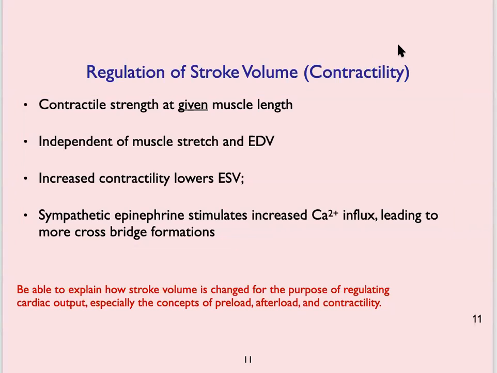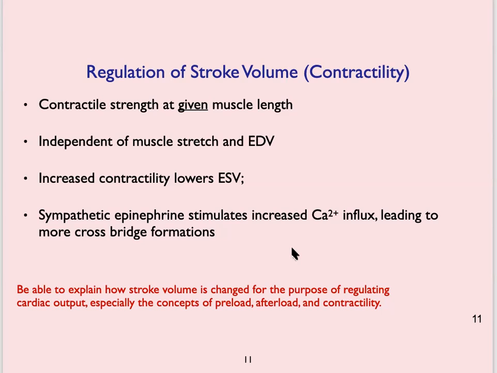When you increase cardiac contractility, that means you're also going to have less blood left within the ventricle, especially at the end of systole. Under sympathetic stimulation, when you increase sympathetic activity, epinephrine stimulates increased calcium influx.